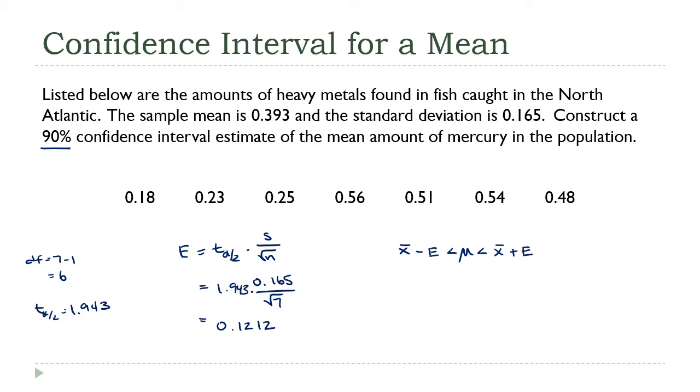That's the sample mean, that's 0.393. So my interval is 0.393 plus or minus 0.1212. And how would I state this, right? I would say I am 90% confident that the average heavy metal level is somewhere in that range.